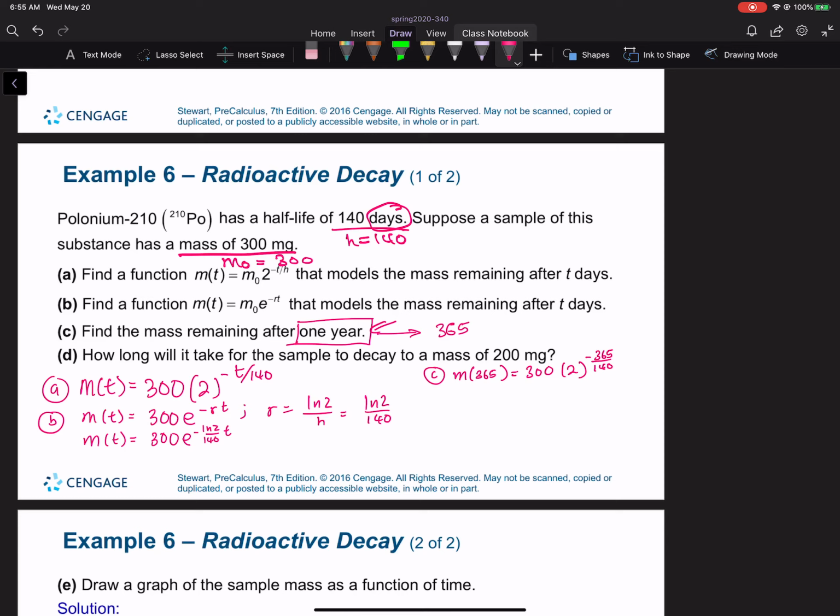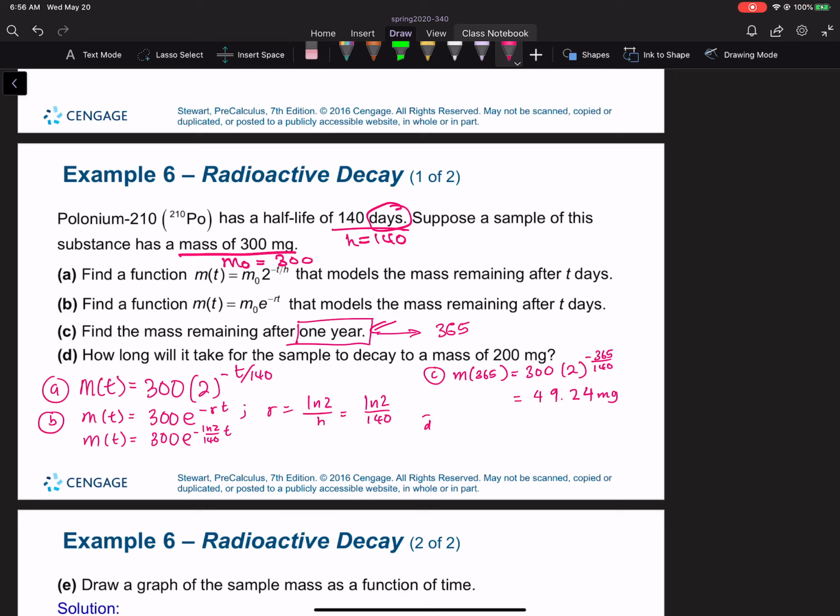Let's see if we calculate that. I'm getting 9.24. All right, grams. Is it milligrams? Okay, I could have equally used the other definition too.